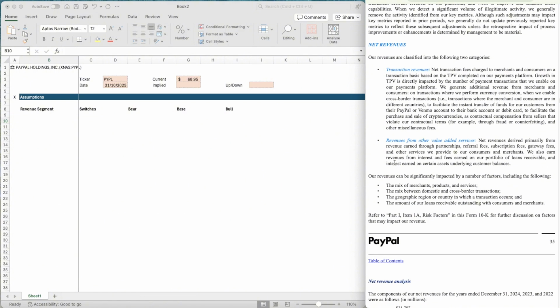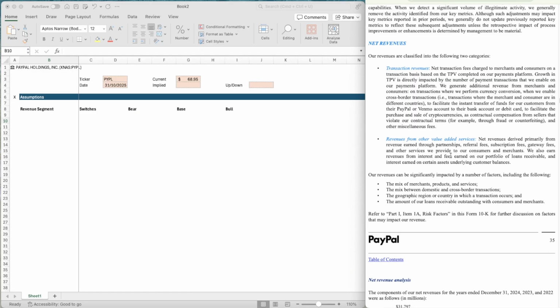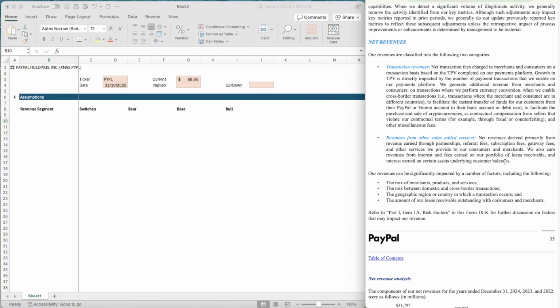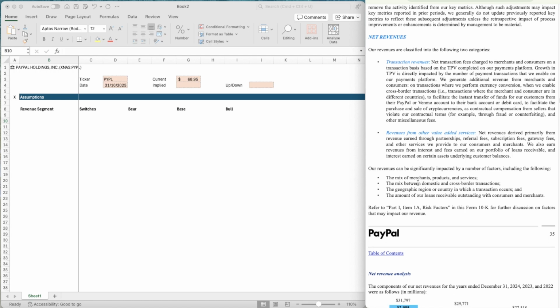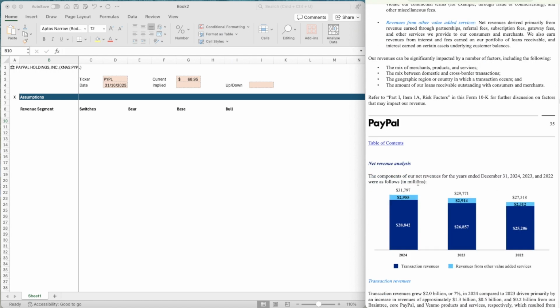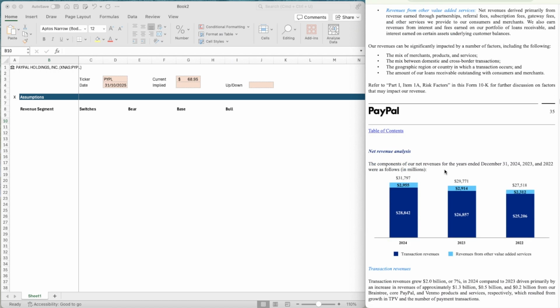So for example, like the subscription fees, whenever you sign up to something, like one of the online newspapers, you pay your subscription fee, and that's PayPal offering that service to process those fees.